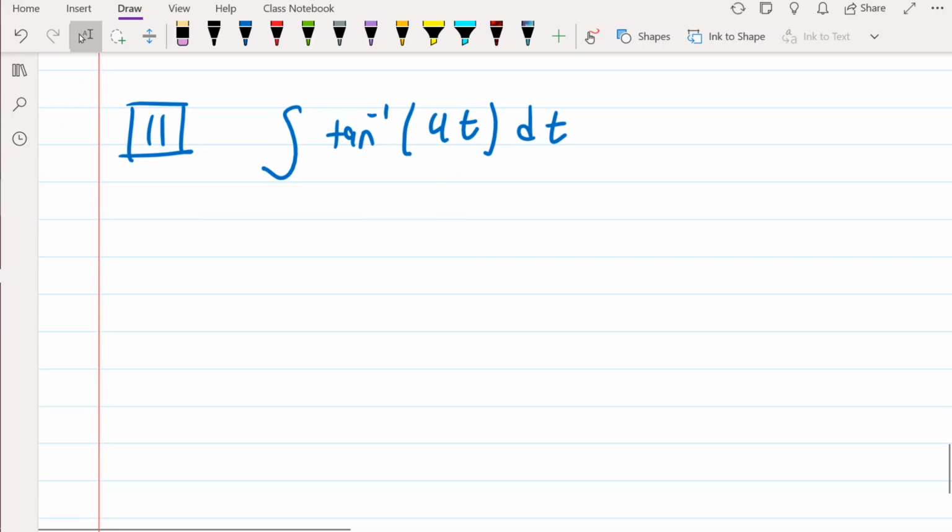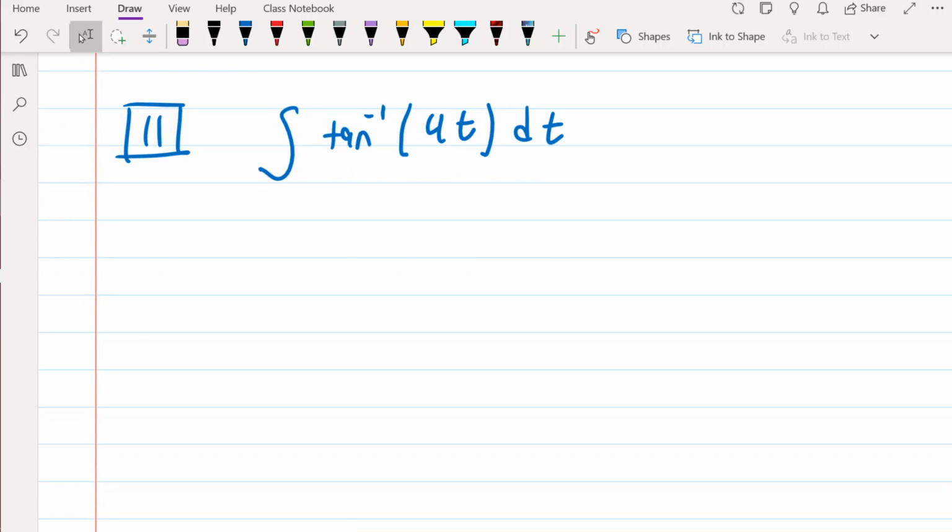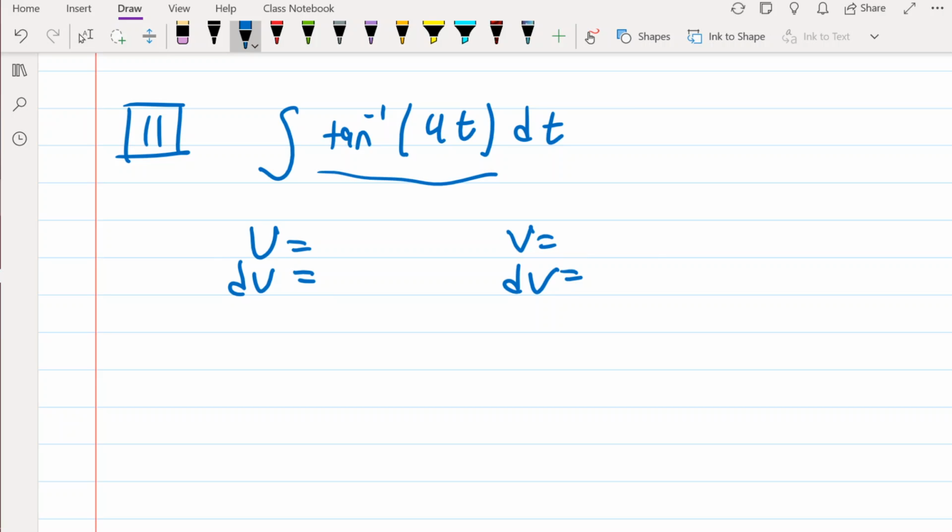So what we're going to want to do is again set u and dv. We're going to set u equal to our trigonometric function right here, so it'll be tan inverse, or arctangent, of 4t. And that means we will set dv equal to dt, and that means the integral of dt is just going to be t.